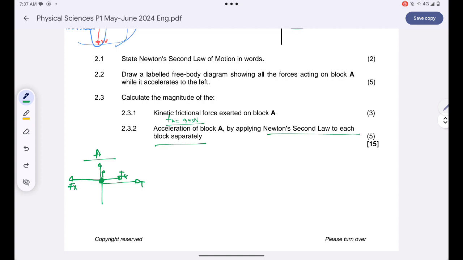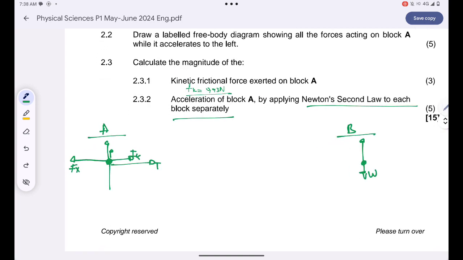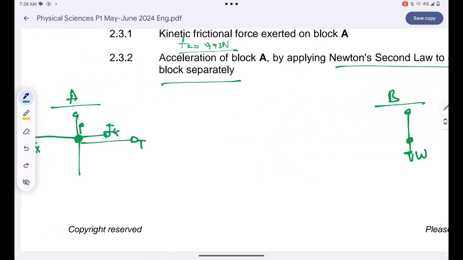All right, together. So I'll just focus on the horizontal forces for block A, but for block B I'll simply focus on my vertical forces, because my object is moving vertically. Remember, I had the tension as well as the gravitational force for B.